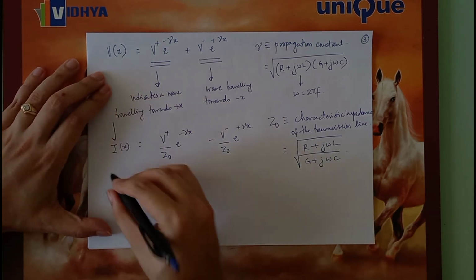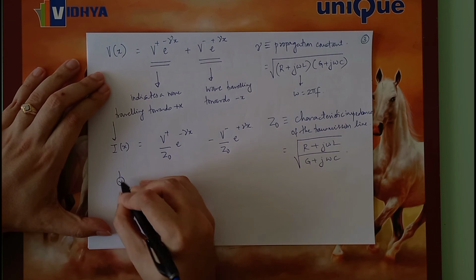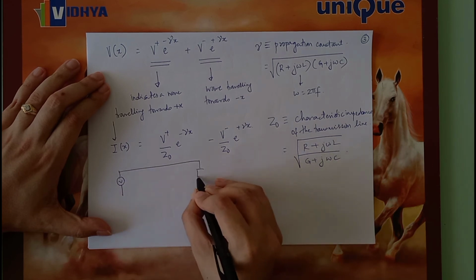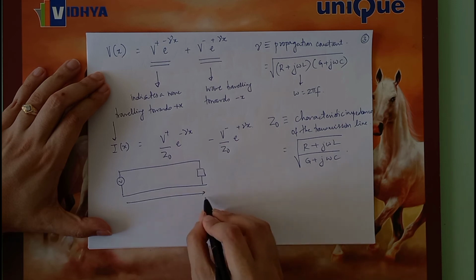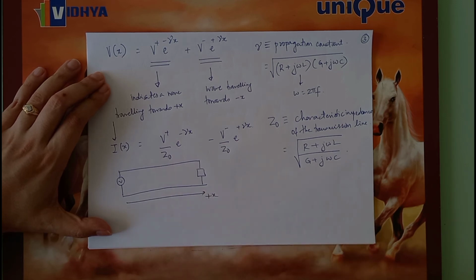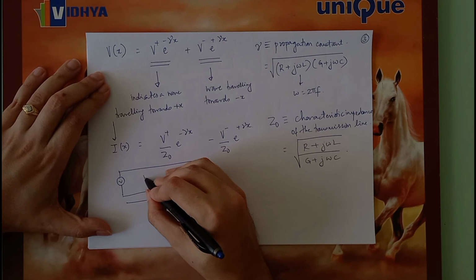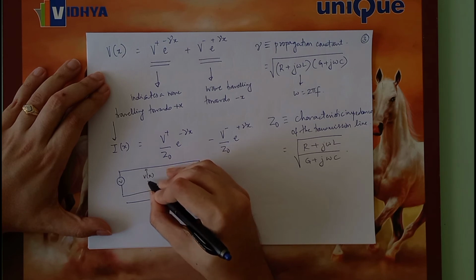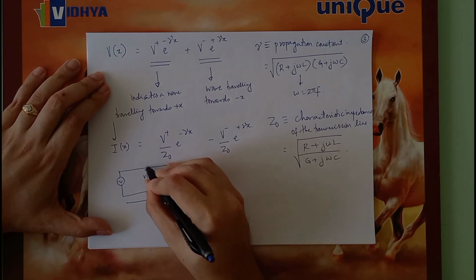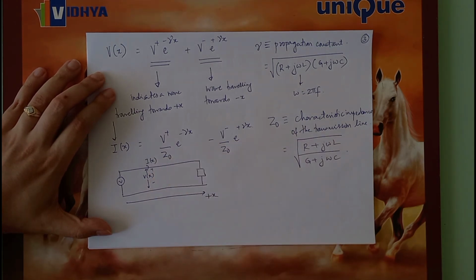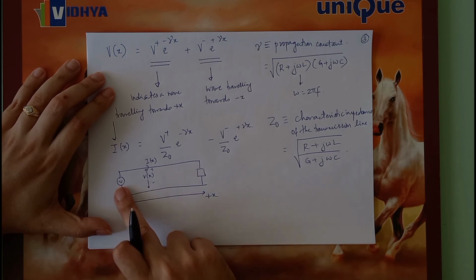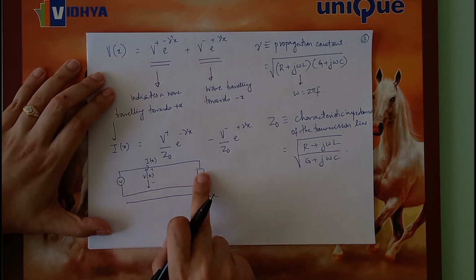Now suppose I have this source and the load connected through a transmission line, and this is the positive x direction, and at some point I have V of x, and over there the current is I of x. Suppose I launch a wave from the source. Obviously it will take some time to reach the load.